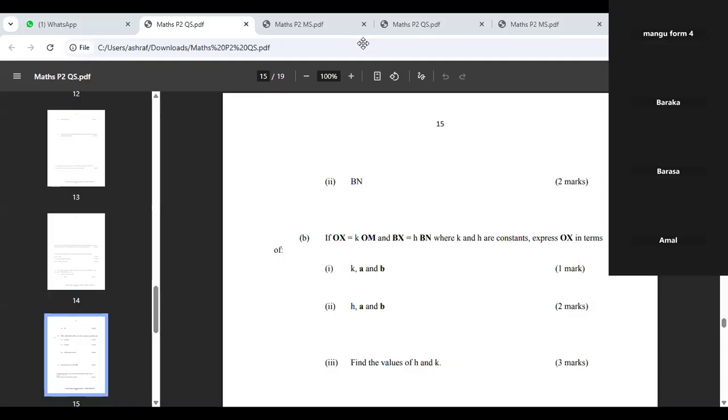So we are going to equate the coefficients of B on both sides. If we equate, we are having 1 minus H is equals to a third K. Are you together? 1 minus H is equals to a third K. That is the first equation. Then we also equate the coefficients of A. A third H is equals to 2/3 K. Then we solve the two simultaneously.